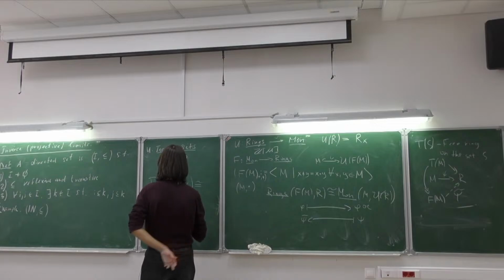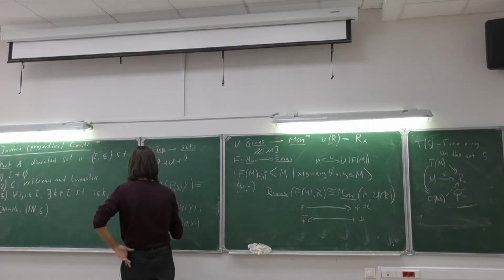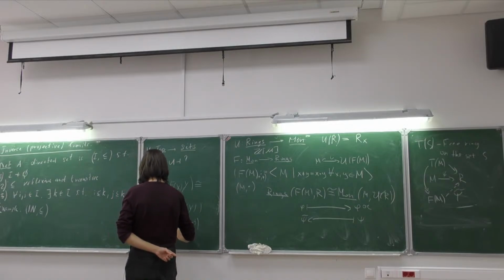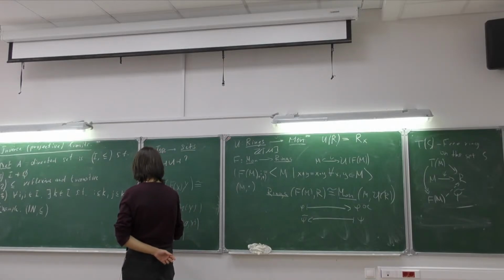Because if we have a map on sets, X to Y, so we have some map from X to Y, with no topology, so it's any map from X as a set to Y as a set.